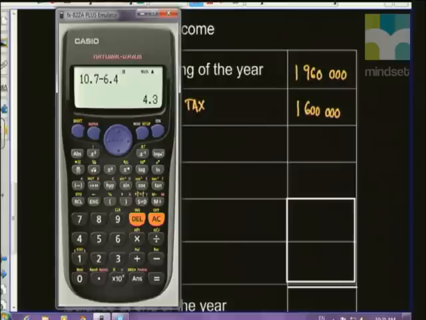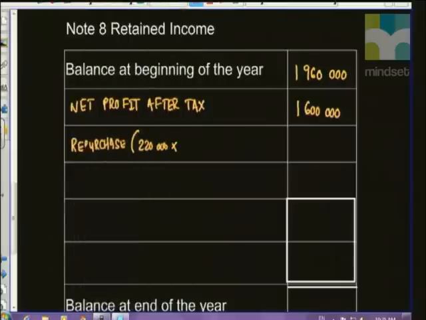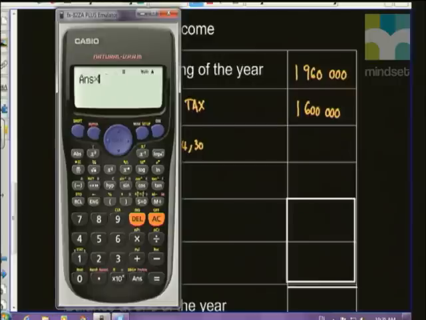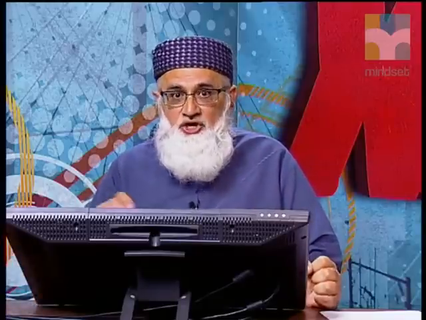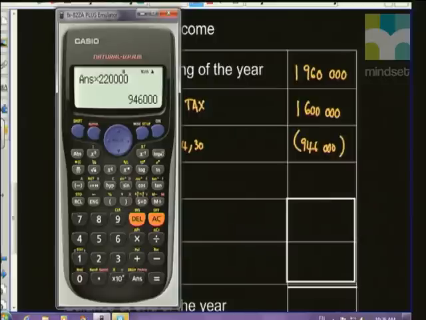So the correct amount is 4 Rand and 30 cents. Now, multiply that by 220,000 to give me 946,000. 946,000 is what, grade 12s? Is the price above the average price. And that portion comes out of my retained income. There you got it. As you can see, we are subtracting.